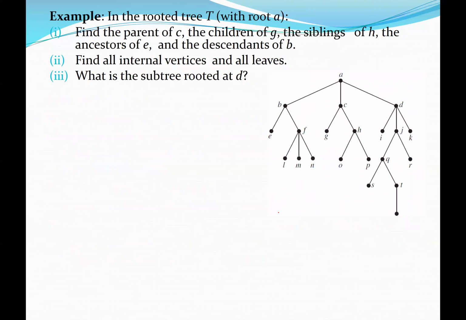Okay, so here is the example. Suppose we have this graph presented to you here. It's a giant graph. You can see here, A is the one that started first. So A would be the ancestor, A will be the root.